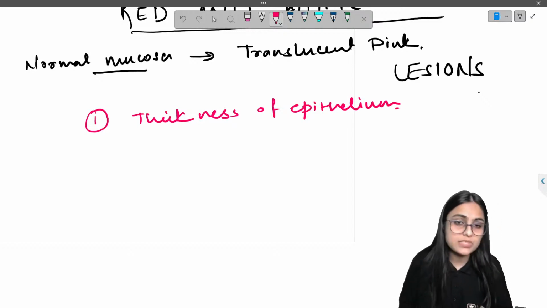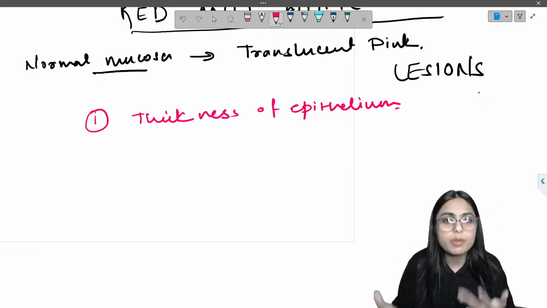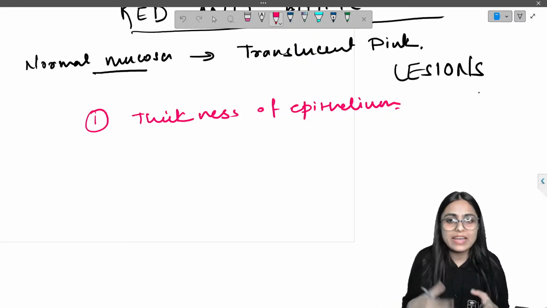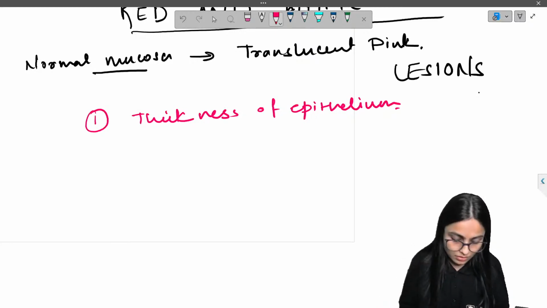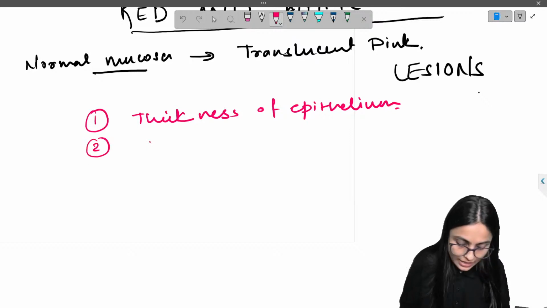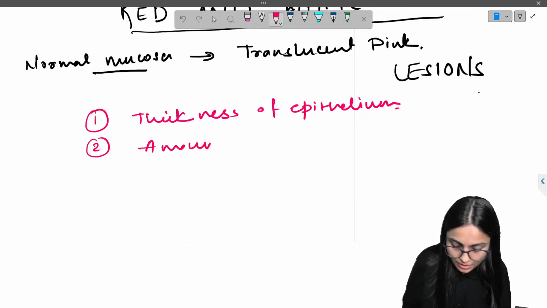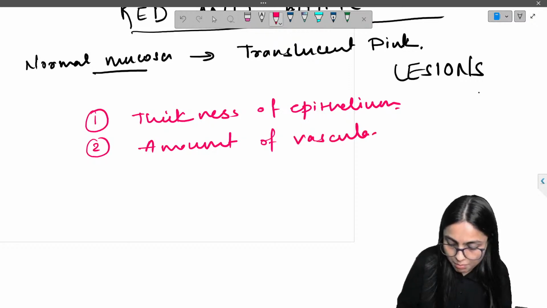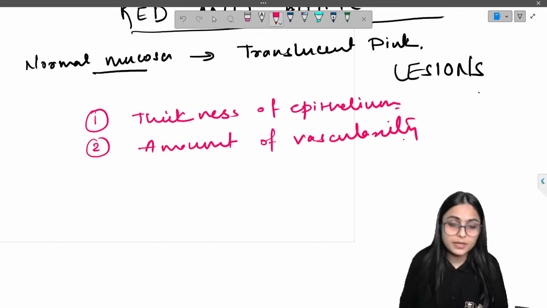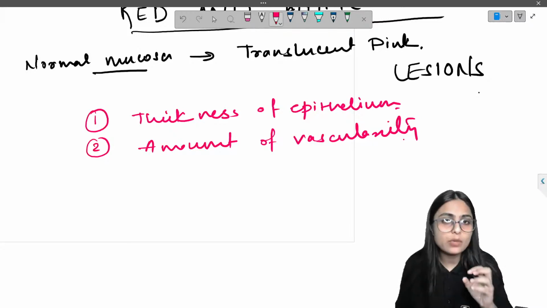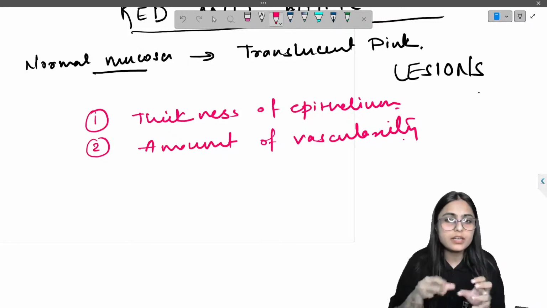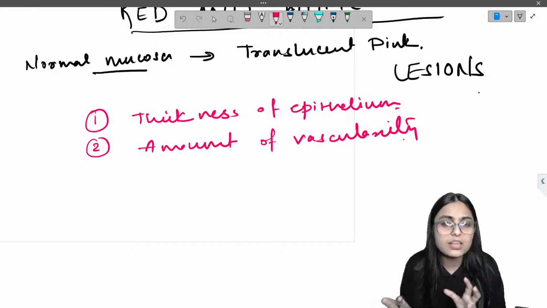Increase in the thickness of epithelium makes the mucosa white in color. Second reason is the amount of vascularity. Vascularity will make the mucosa a little pinkish red in color, right?